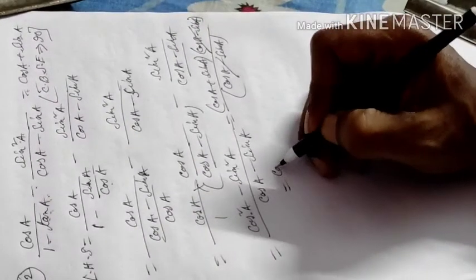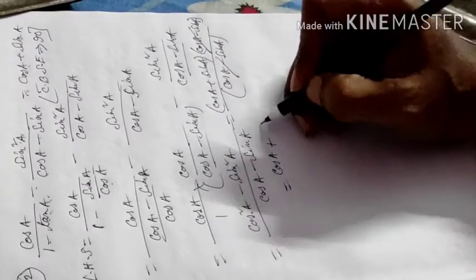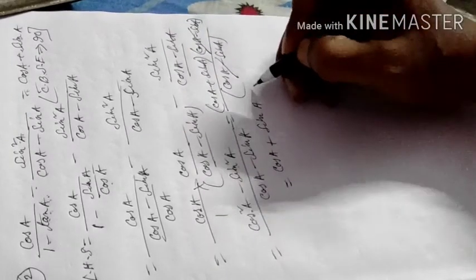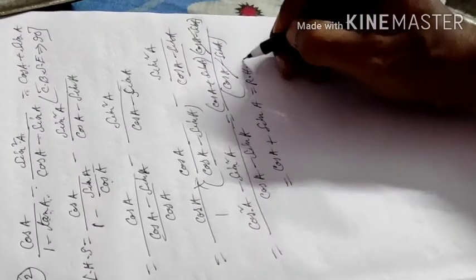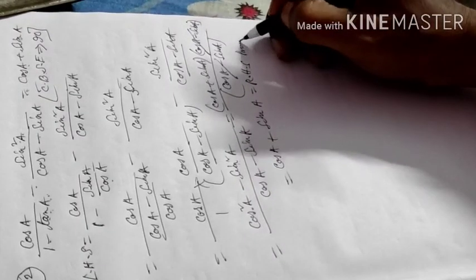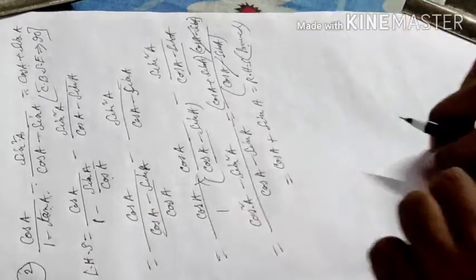So the answer will be cos A plus sin A, which is equal to right hand side. Proved. So next sum.